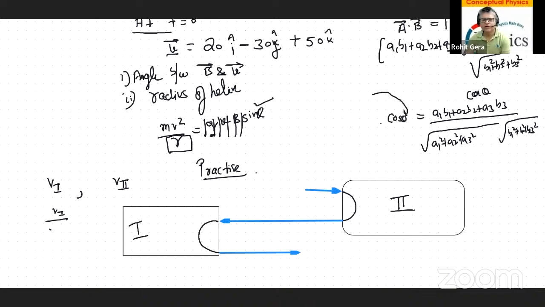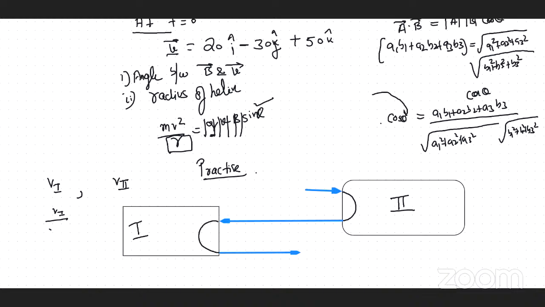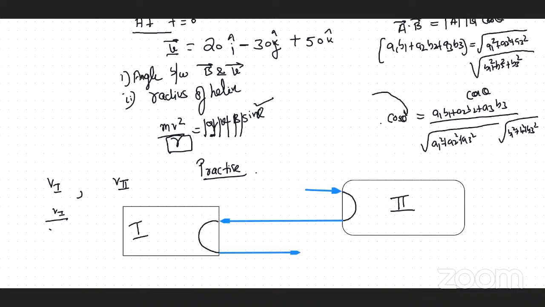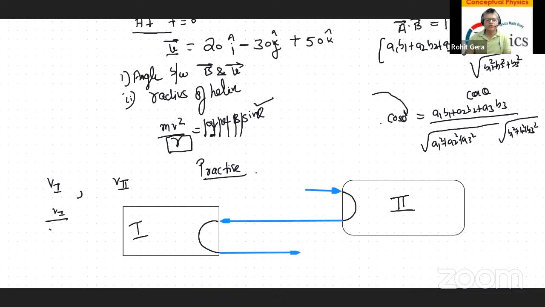One, the velocity of B is greater than the velocity of A on entry, और मास दोनों का सेम था, चार्ज भी सबका सेम था. यस सर. So how do you control the radius? You can control through momentum, directly proportional. If the overall momentum of B is greater than momentum of A, you get a bigger radius.